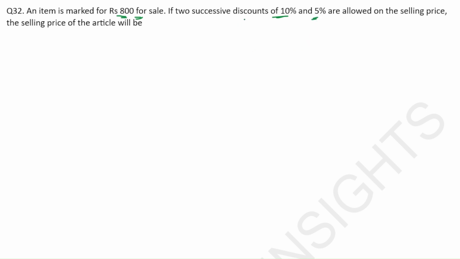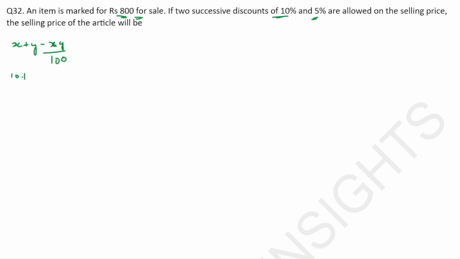Okay. So to find the successive discount, there is a formula, that is x plus y minus xy by 100. So this is the formula to find the successive discount. So x and y are the discounts given, that is first discount, second discount. In this question the first discount is 10, right?